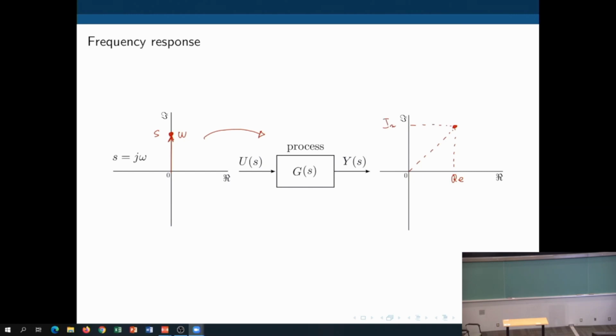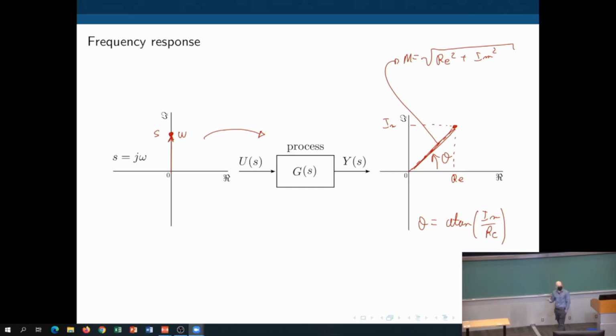This distance is the magnitude. We can simply calculate this with the real part squared plus the imaginary part squared. And this angle here is simply the inverse tangent of the imaginary divided by the real part.